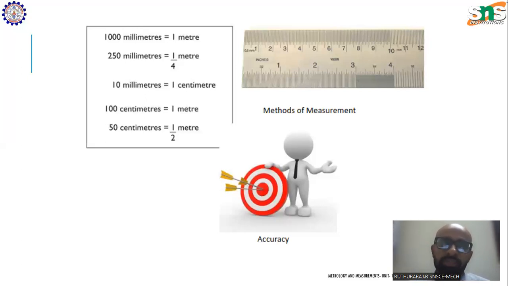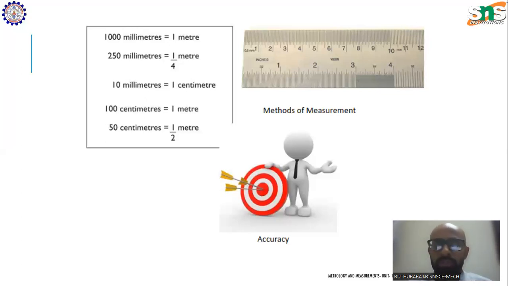Among those three, which will give the closest reading to the actual value? That is called accuracy. How accurately or how closely you are able to measure to the actual value. If you are using a scale and it gives the closest value, then the scale will be the most accurate form of measurement. So accuracy is how close to the actual value your measuring instrument is. That is called accuracy.